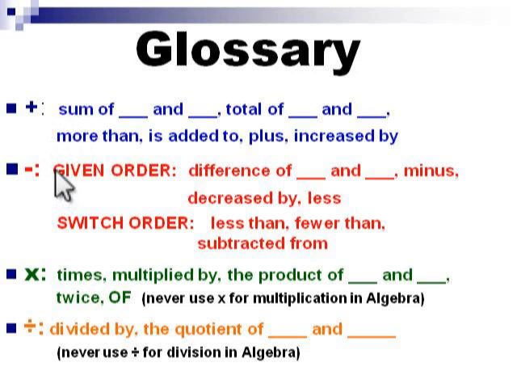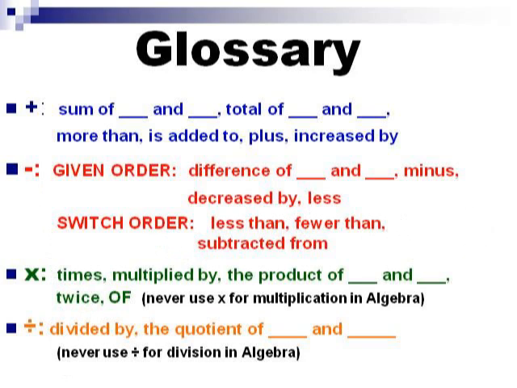So for example, when it says the sum, that means you're going to use addition. If it talks about difference, minus, decrease by, less than, subtracted from, etc., you can read them. The words actually indicate which operation you're using.